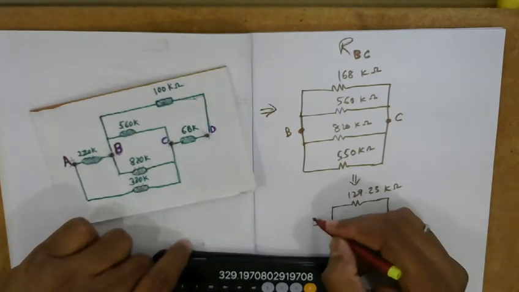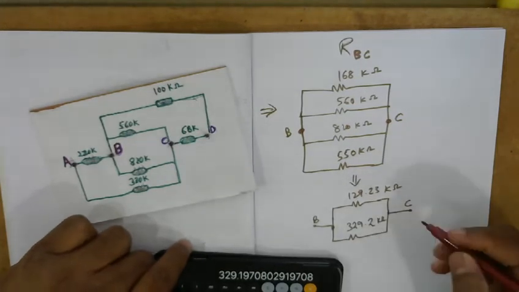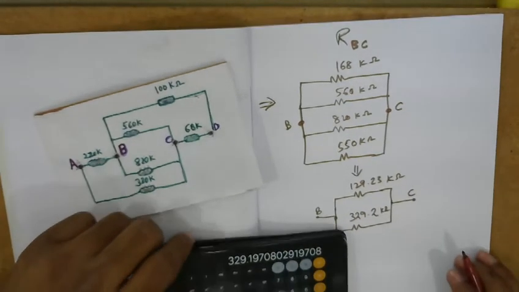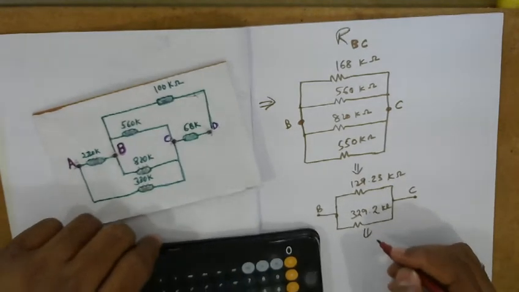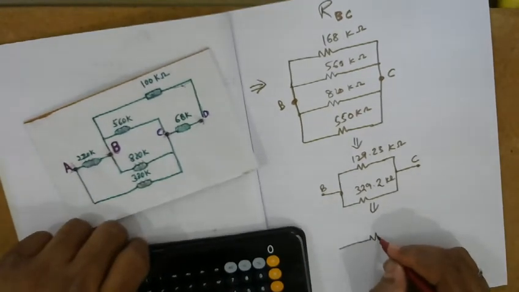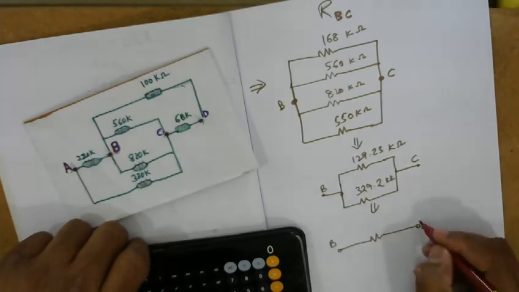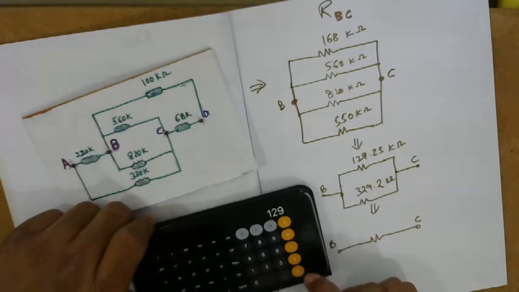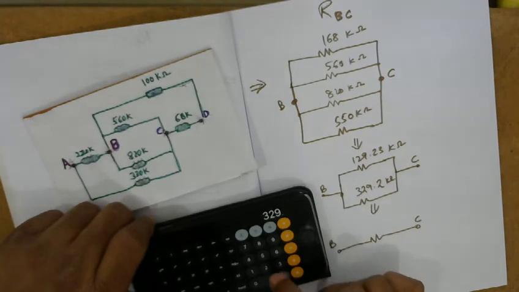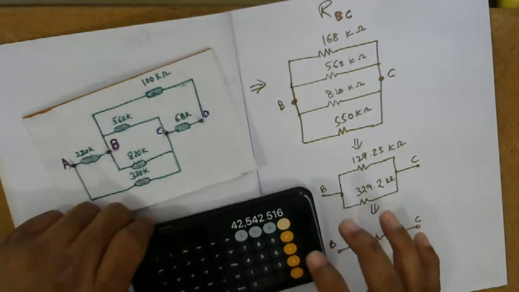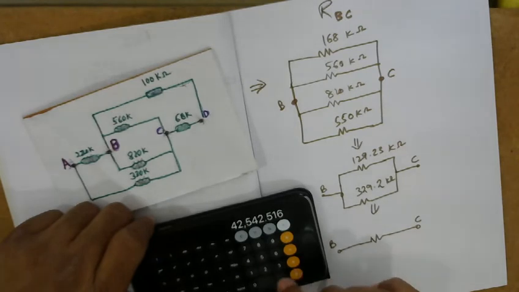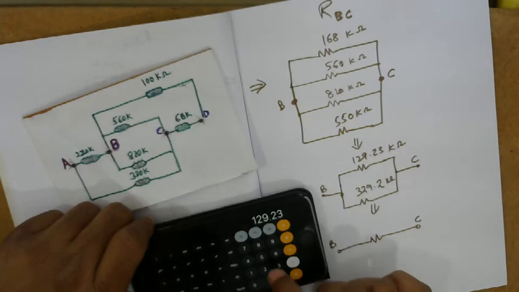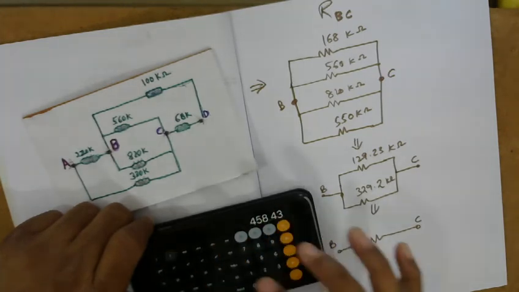So now I have points B and C, and I want the resistance between B and C. These 2 values I have, so I can once again do the same step. Finally I end up with the equivalent resistance of RBC. How do I do that? 129.23 multiplied by 329.2, divided by brackets open, 129.23 plus 329.2.